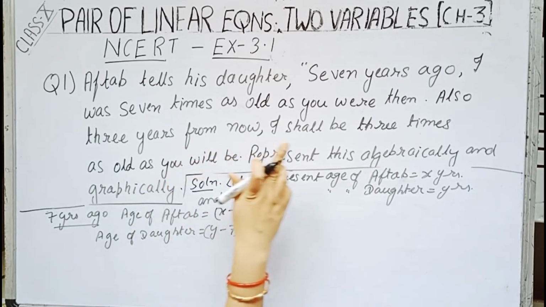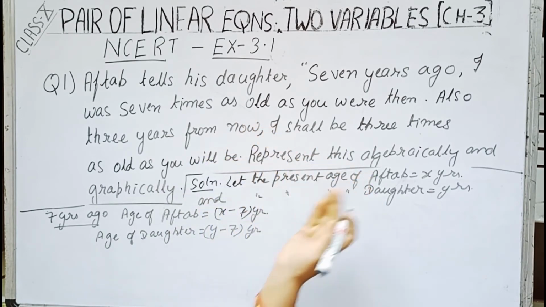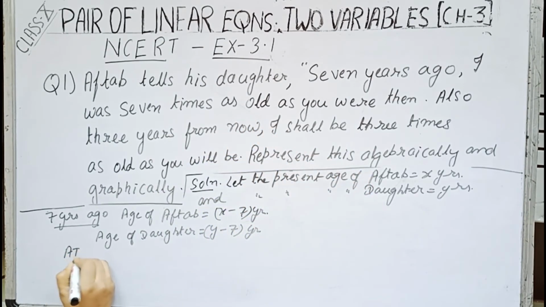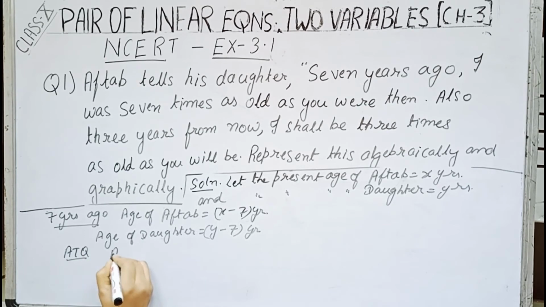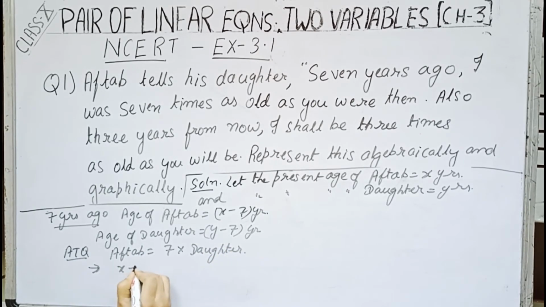Now the question says that 7 years ago, I was 7 times as old as you. So, according to the question, Aftab's age equals 7 times the daughter's age. We can write x minus 7 equals 7 times (y minus 7).